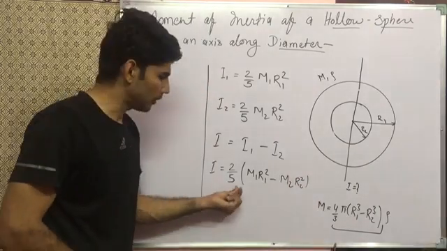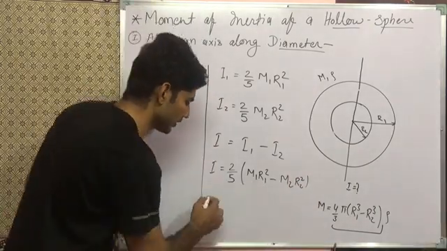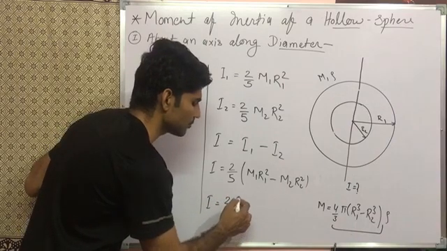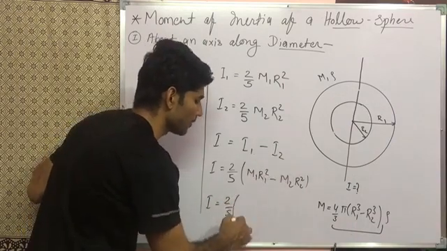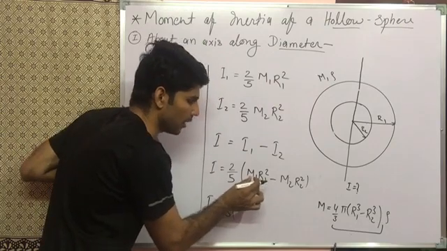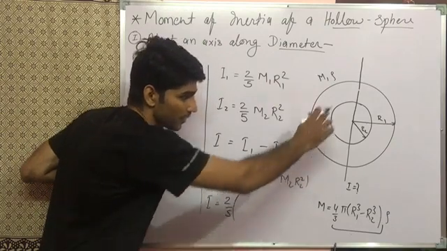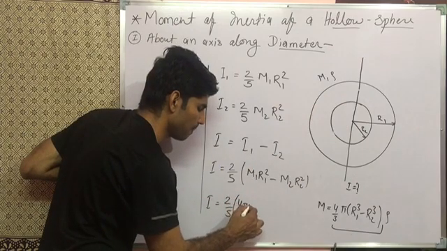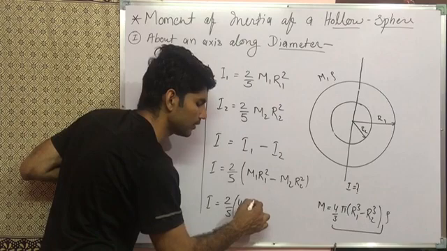Can we put in the values of M1 and M2? Yes, we can. We know the density of these two spheres, so we write the first value, the mass M1 of the complete sphere, as 4/3 pi R1 cube.